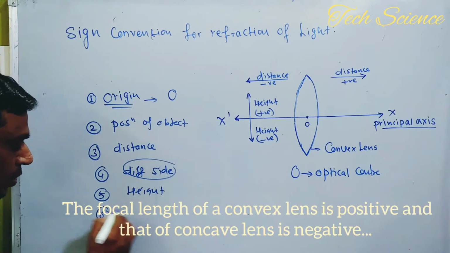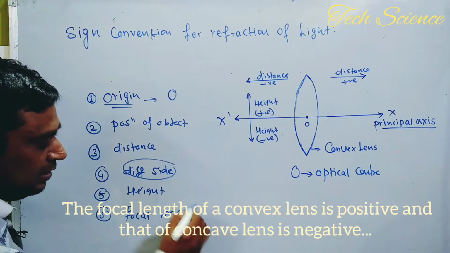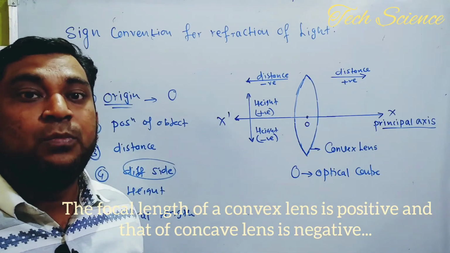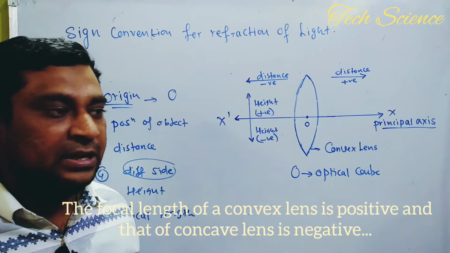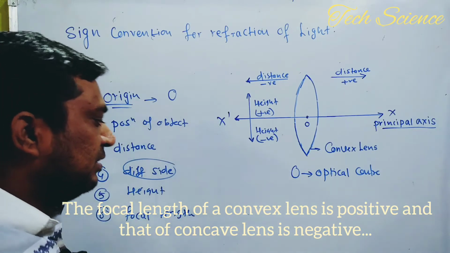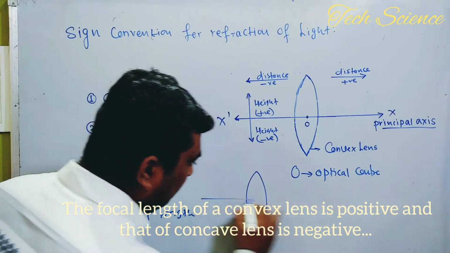Next one, the last one. What about the focal length? If you observe, the convex lens has one more name. What is that? It is called the converging lens. Why is it called the converging lens? Now see. Suppose this is the convex lens. This is the principal axis.